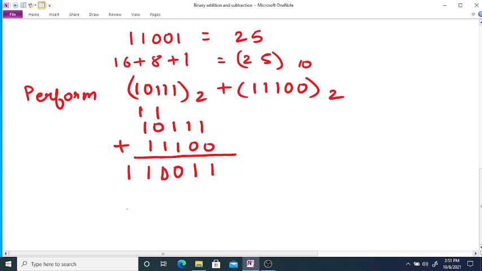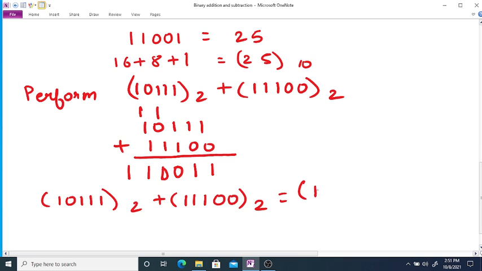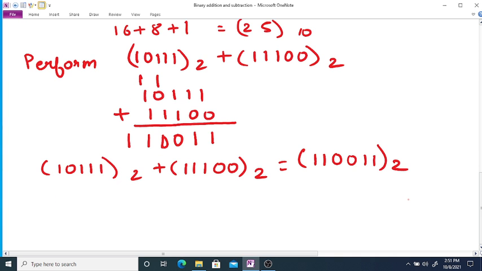So we have got 10111 plus 11100. The final answer for addition will be 110011. So this will be the final answer for our binary addition.